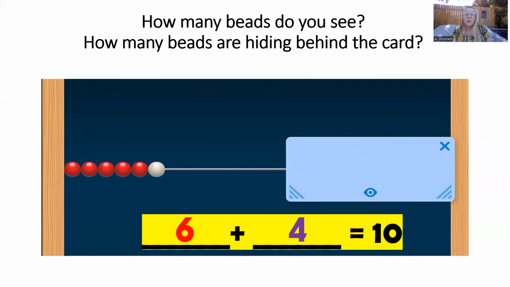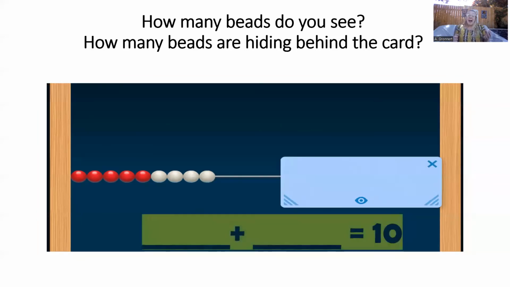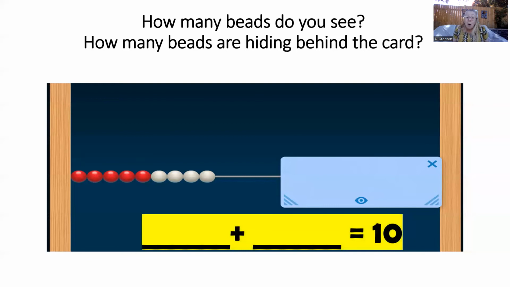This is so cool. Okay, how many beads do you see now? There's a lot of beads in this picture, huh? I know it. Did you make it on your number rack? Do you know how many there are? Yes, there are 9 beads.